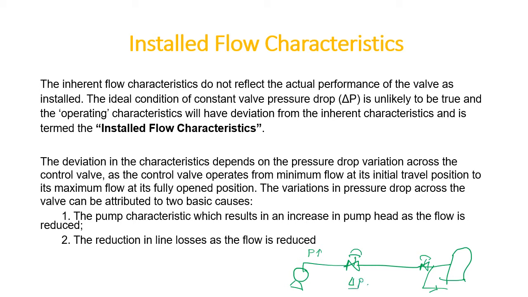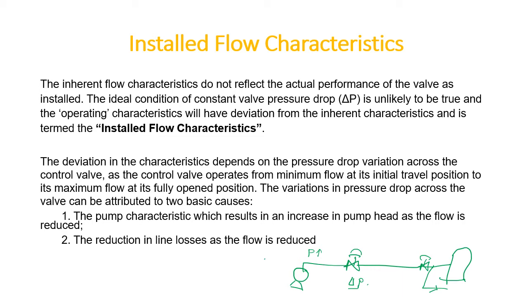Also there are the lines, and in this line there will be pressure drop due to friction, and due to the change in elevation and all those things. And as the flow gets reduced, these frictional losses get reduced. So ultimately the pressure across the control valve does not remain constant, it varies.